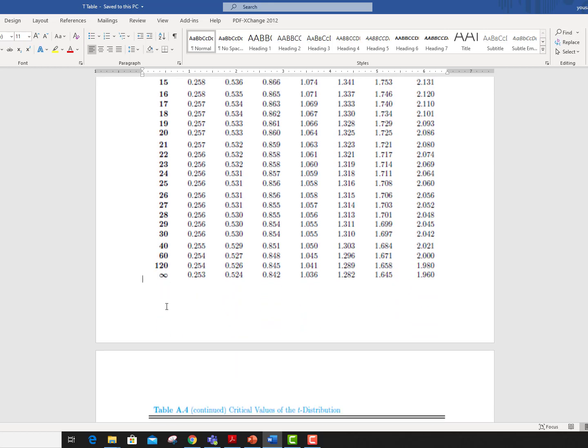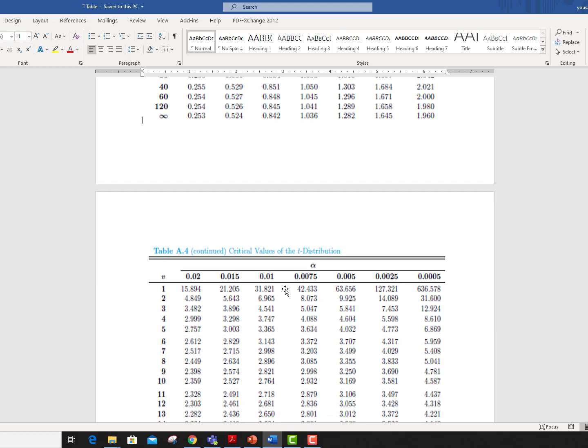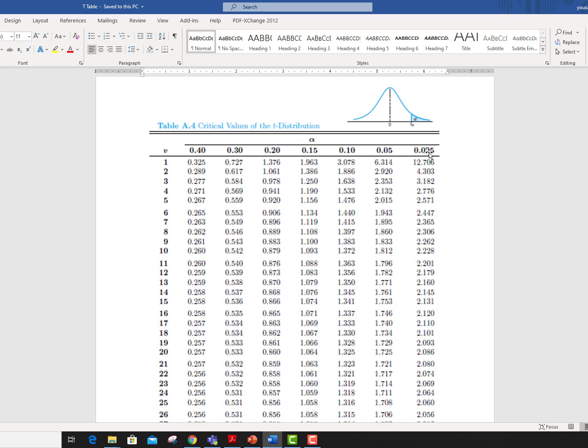Now in the example we are looking for 0.025 because we use alpha by 2. Our level of significance is 0.05, so when you divide by 2 it will be 0.025, and we are looking for the degree of freedom 9.